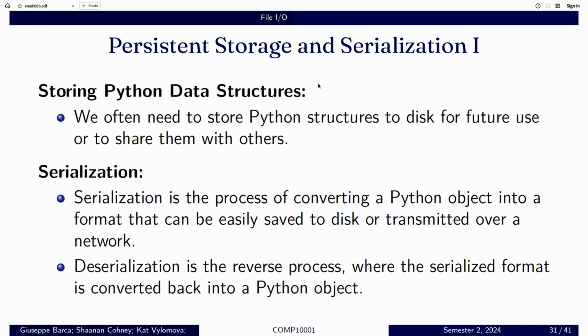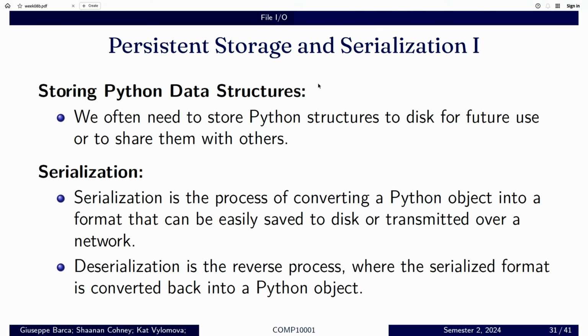So serialization is crucial when you want to store data structures such as lists, dictionaries, or even custom objects. Before I jump to that, deserialization is the reverse process.